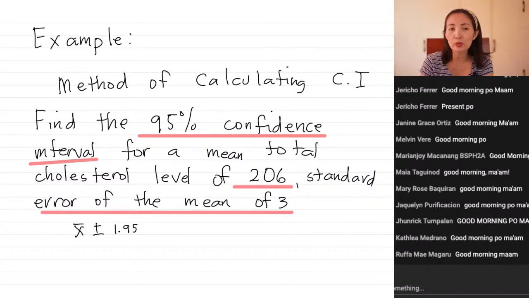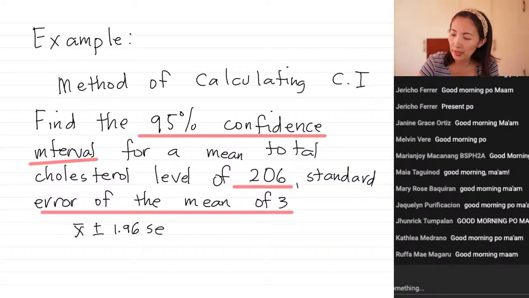So we can use 1.96 only when the confidence level is 95%, times the standard error.